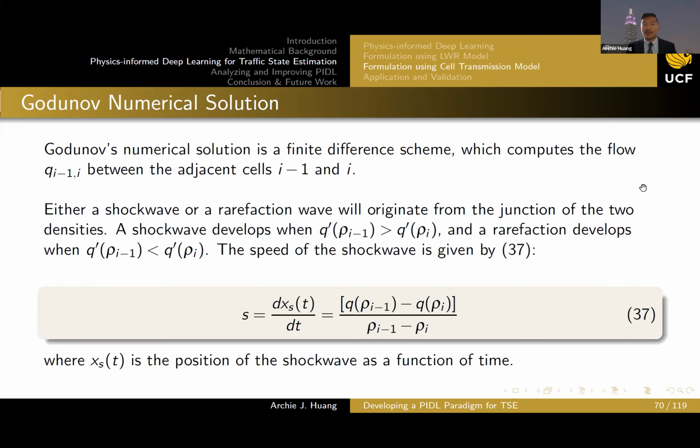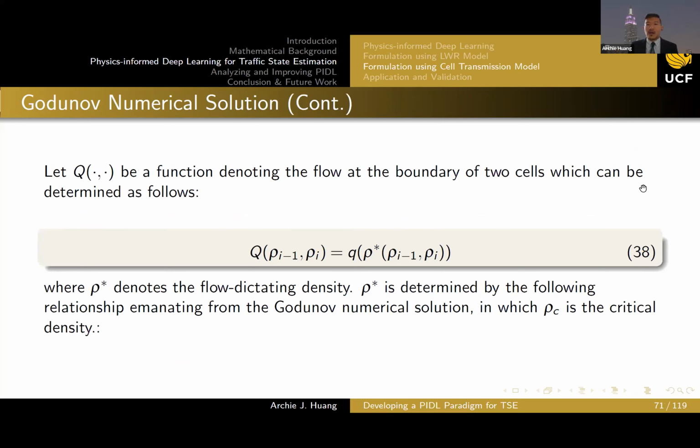So this shock speed is given in equation 37, and this is how we can determine the flow between adjacent cells, Q, using equation 38. In equation 38, this rho, which we can call rho star, is denoted as the flow dictating density.